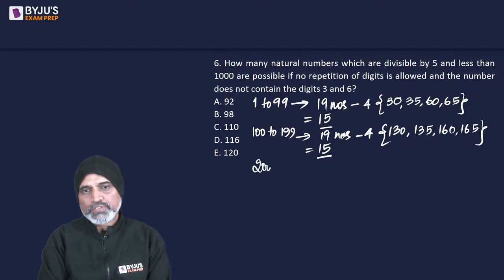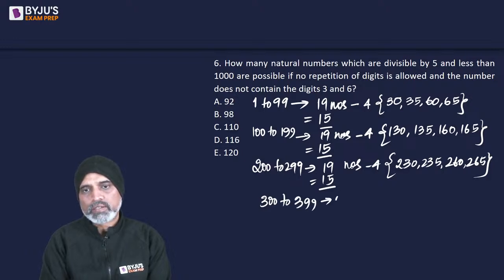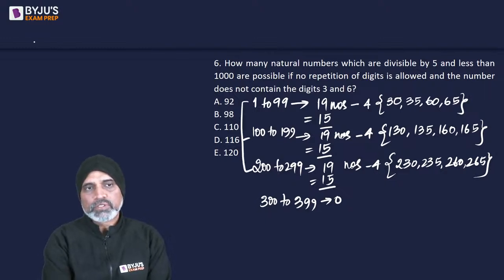If I take the values from 200 to 299, there will be again 19 numbers, out of which I can't take 4 of them, which are going to be 230, 235, 260, 265. Okay. So this will again result in 15 values. Now 300 to 399, we will be getting none. Now these all will end in 15 values.